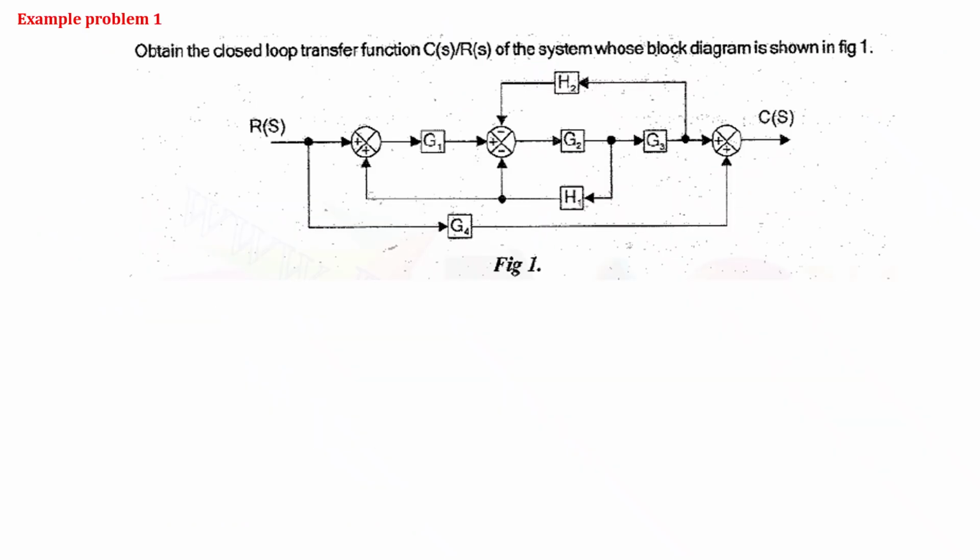Okay, we will take another example which seems to be a little complicated comparatively to the previous problem. I can see there is no straightaway availability of any cascade or a parallel block.